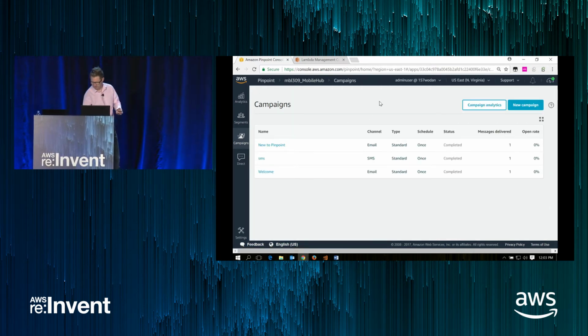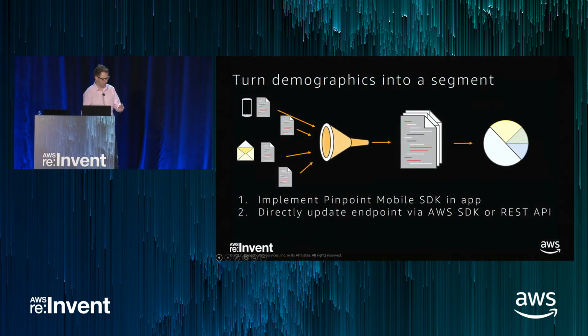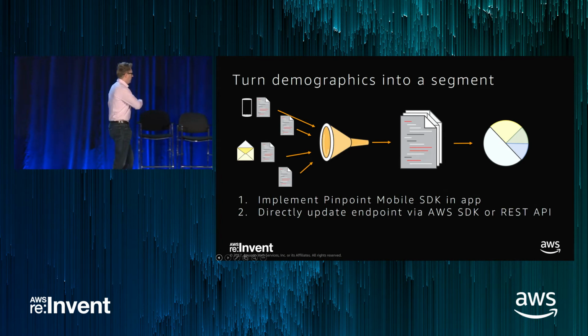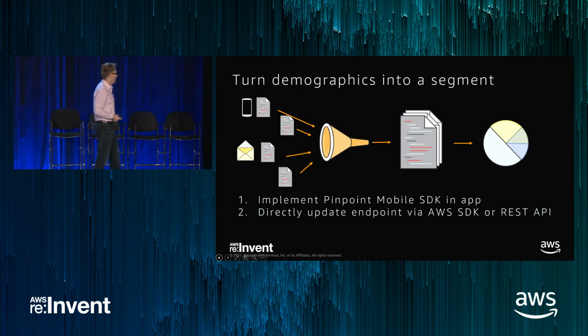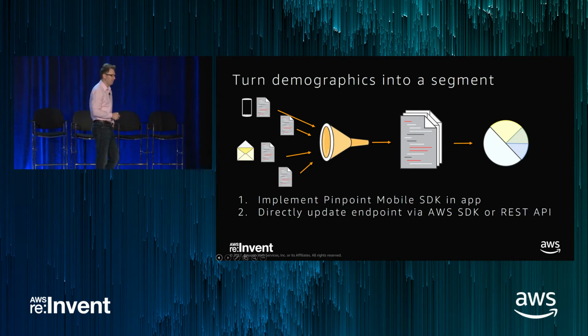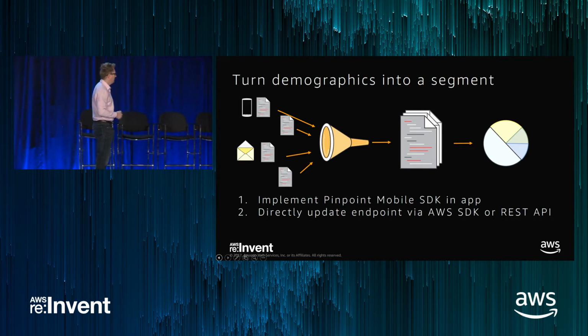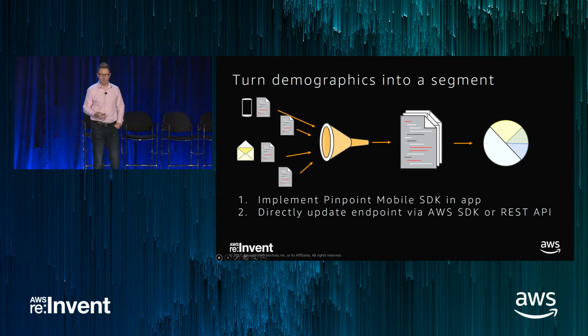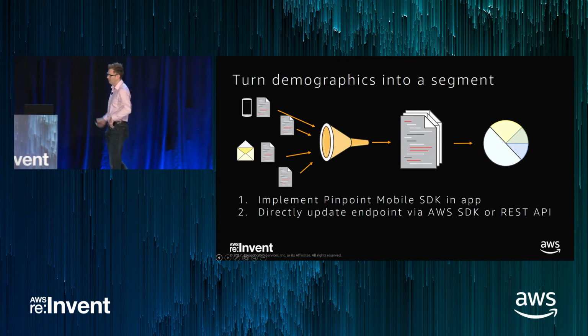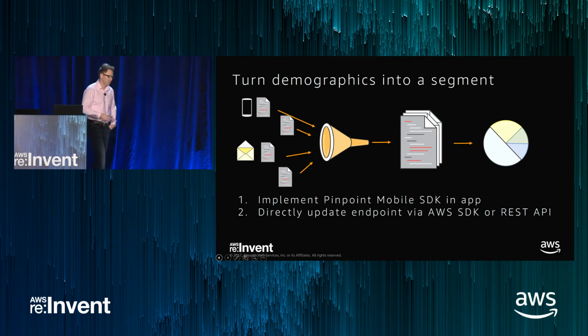And let's jump back over to the slide deck, and we'll see what actually happened when I clicked on that link. So there's a couple of ways to integrate with Pinpoint. I mentioned the mobile SDK, which makes sense for mobile apps. But what if I want to focus primarily on email campaigns or text campaigns? What if my business isn't actually focused around mobile apps?